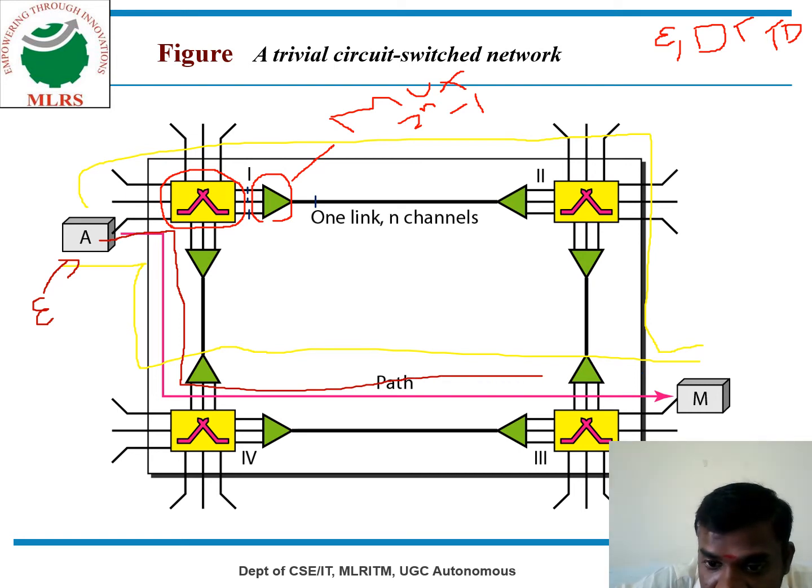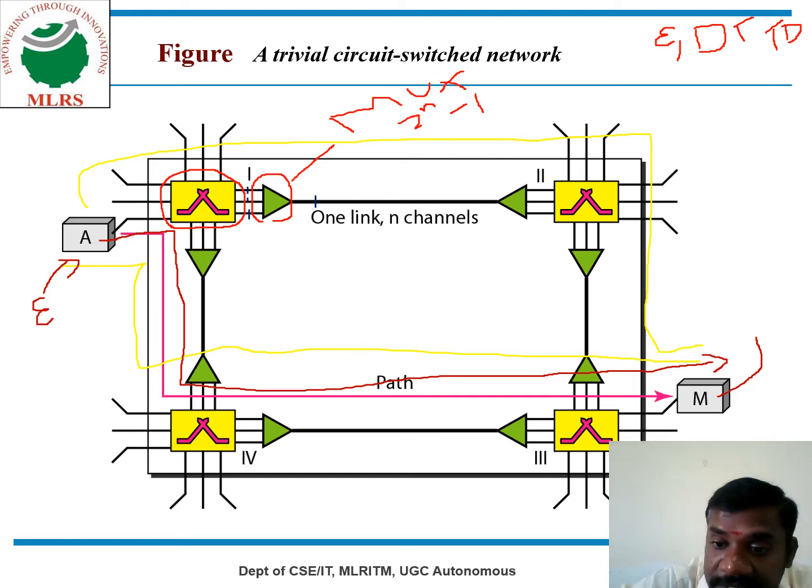From switch 3, the signal is sent to M. Now M verifies the signal from A, whether it is a correct signal or a wrong signal. Suppose M accepts the signal; assume that M has accepted it.